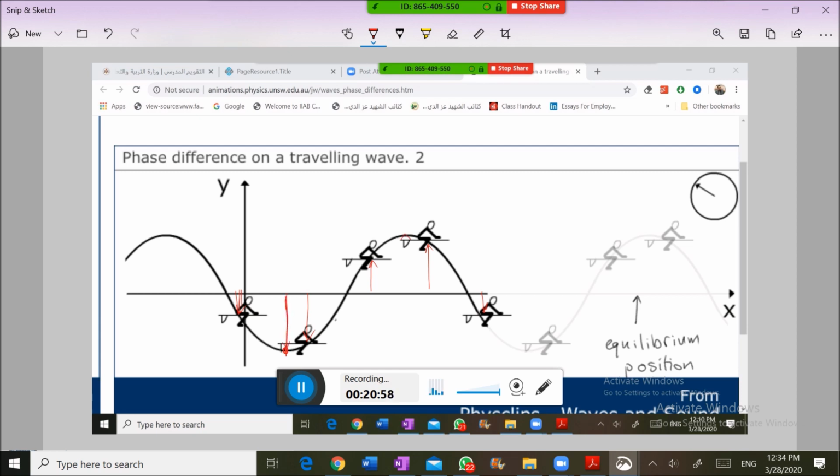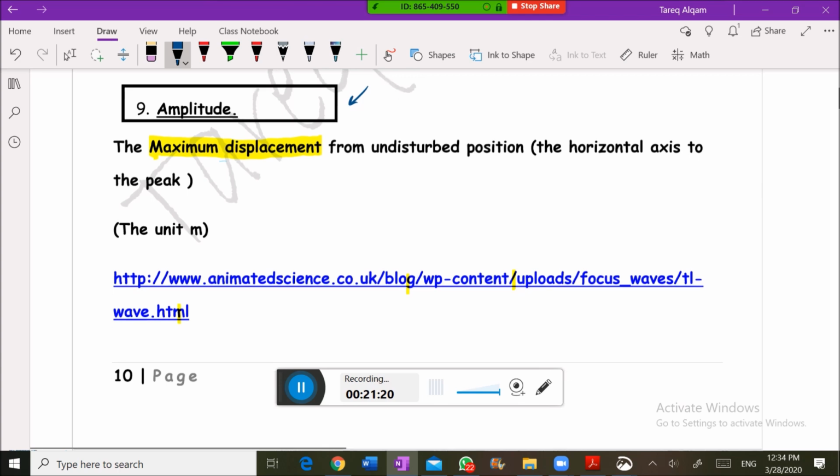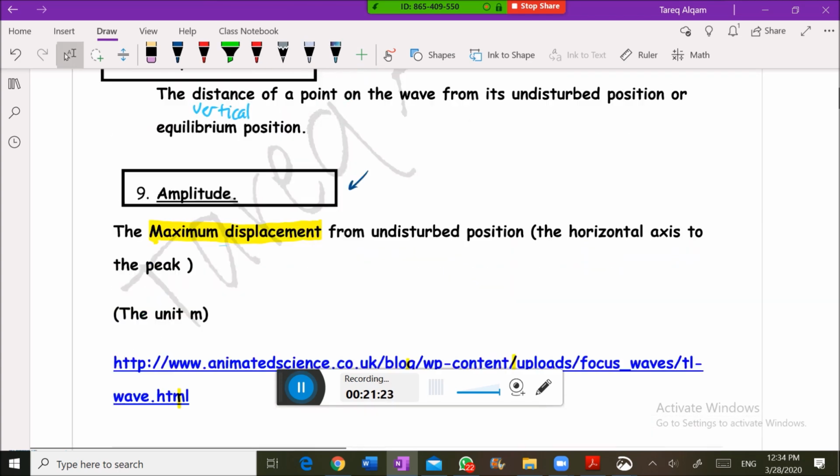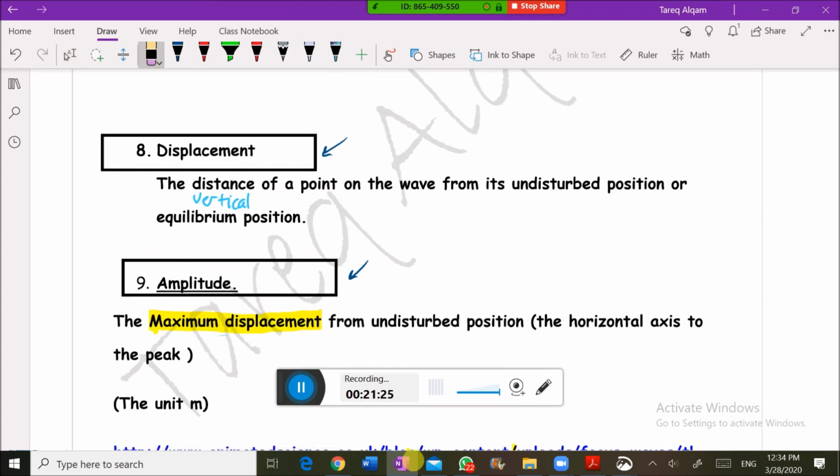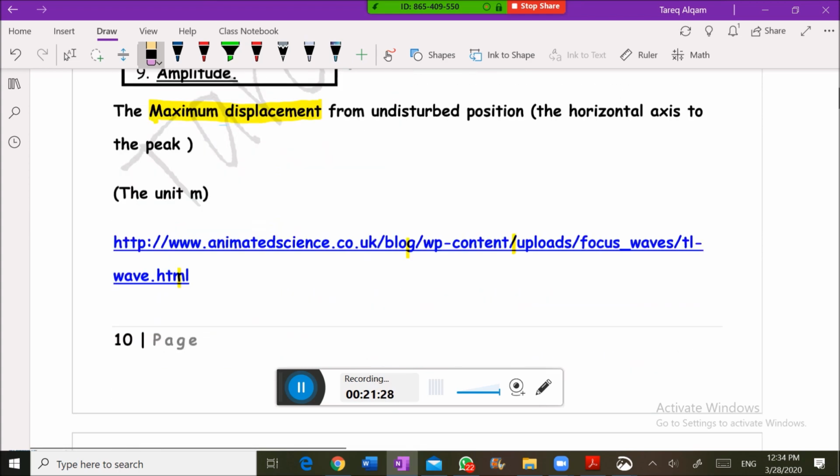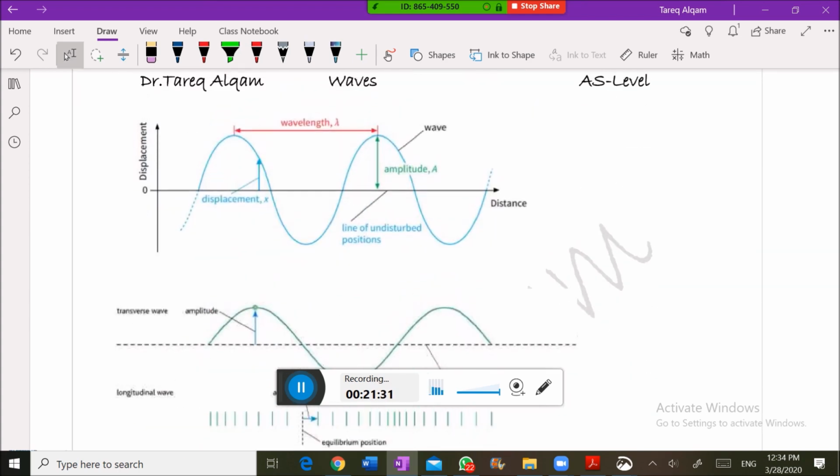The maximum possible displacement for any particle is called amplitude. Okay, guys? Any question about that? Like this, this is amplitude. This is what? Displacement.